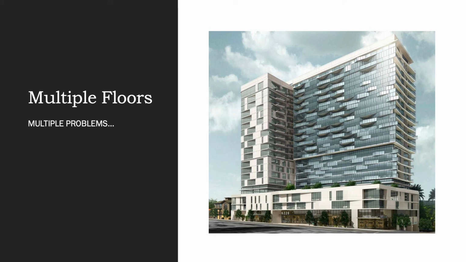Here we have a multi-floor building. Now the common thing that a lot of multi-floor buildings have is the first 2 to 3 floors, as this building would represent, are all different. You have your lobbies in hotels, you have your office buildings, you have retail space in the bottom of them. You'll have meeting rooms, you may have ballrooms.